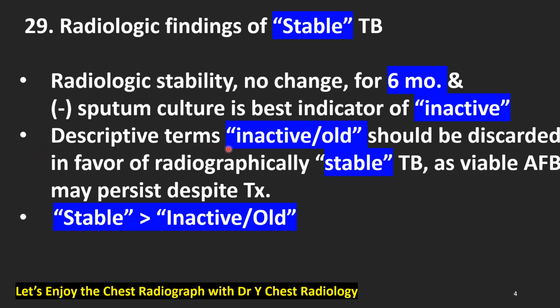The descriptive terms inactive or old should be discarded in favor of radiographically stable tuberculosis, because viable AFB may persist despite the treatment. So the term stable is preferred to the words inactive or old tuberculosis.